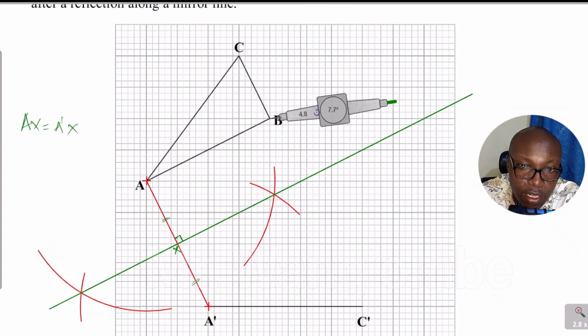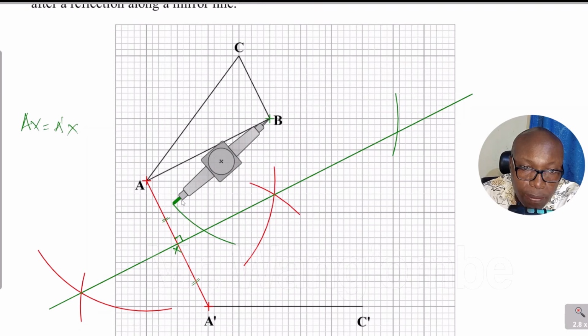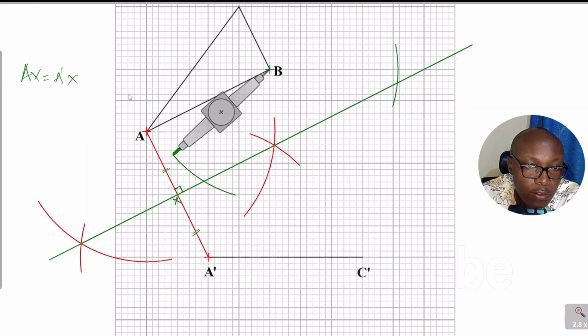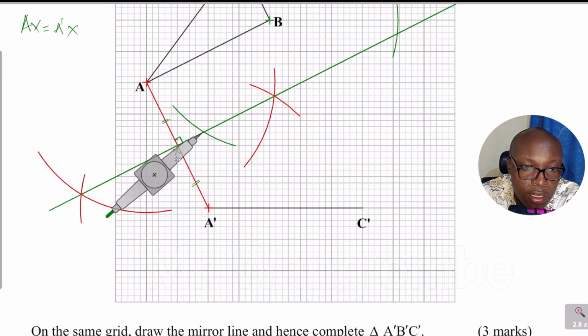Standing at B, mark an arc there, then mark another arc there. Then you can stand on this arc that you've made here.